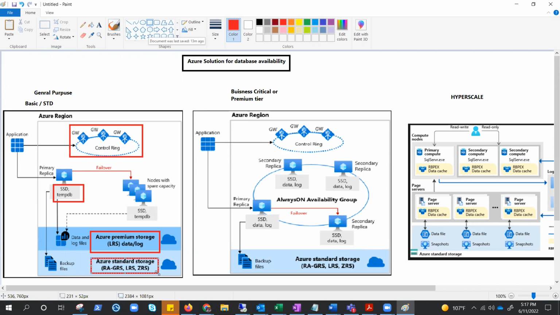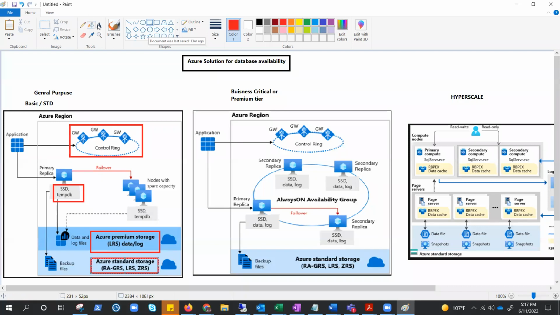You do have a highly available solution, because if one of this VM goes down, another VM will spin up and all the data is there in the premium storage. It will attach this to the VM, and there you go. So you have the availability in the architecture there and there, and the redundancy globally because of the backup files, which are RA-GRS.